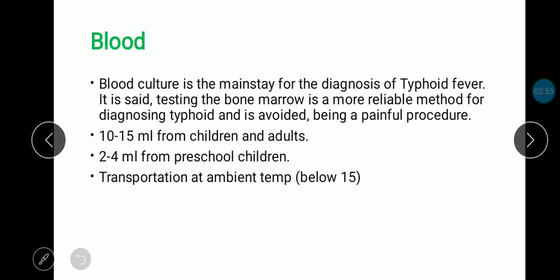It is said testing the bone marrow is a more reliable method for diagnosing typhoid, but it is avoided as a painful procedure.